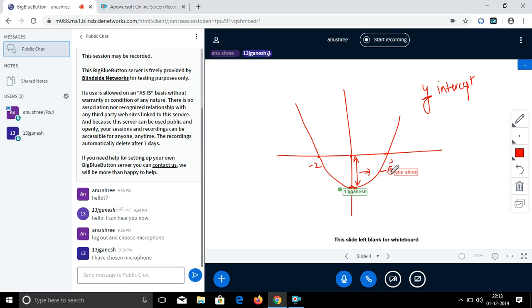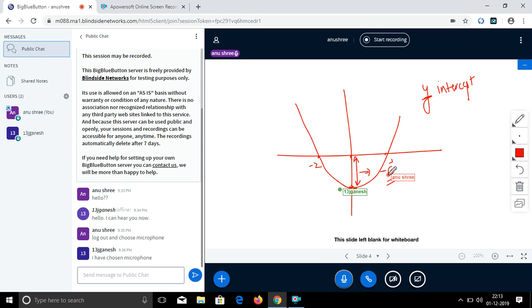So that's your final answer. So this is a way of calculating y-intercept, roots and the turning point just by looking at the graph. So you know how to plot the graph, you know how to get the roots, y-intercept and turning points. So I'm giving you a last equation and you have to plot the curve and give me all three values, that is y-intercept, turning point and roots.